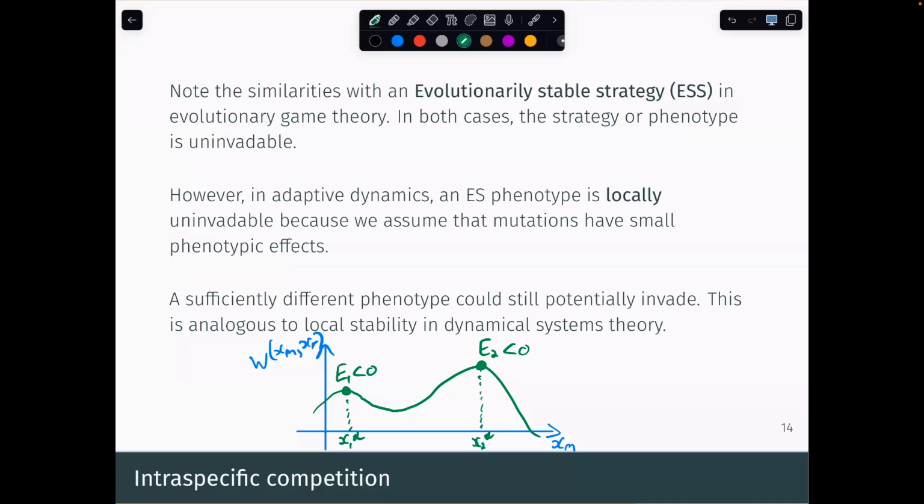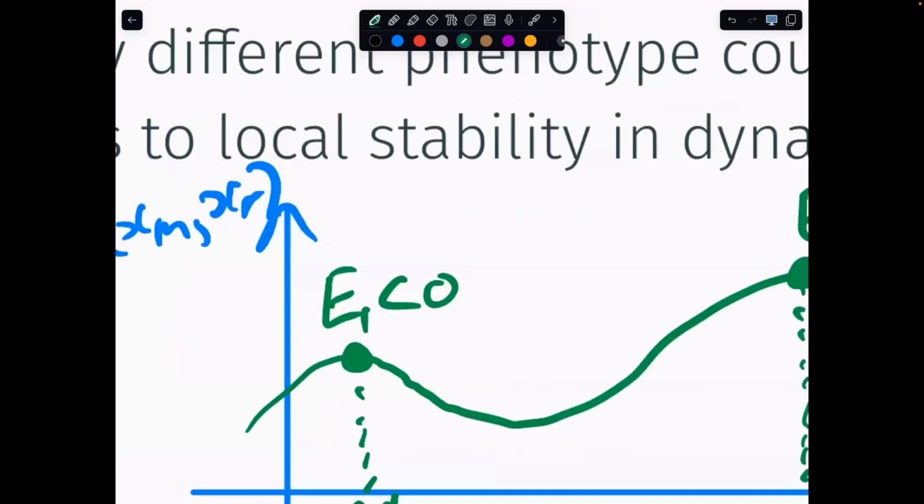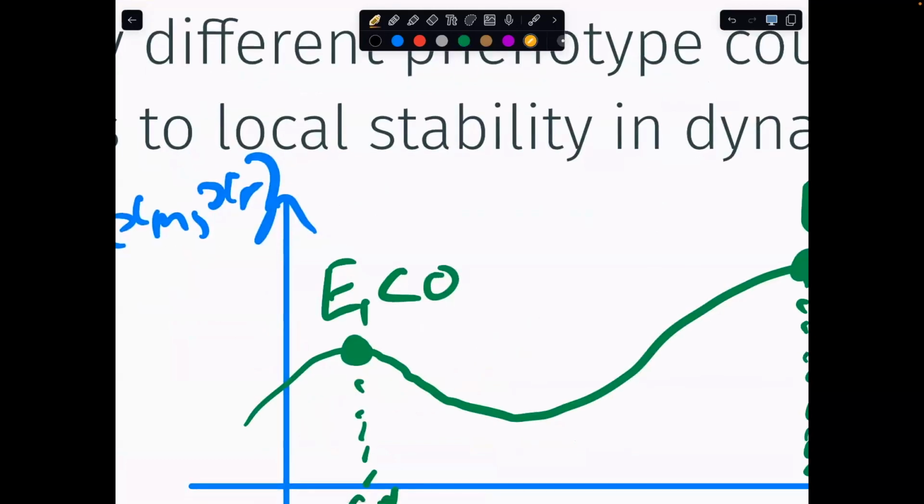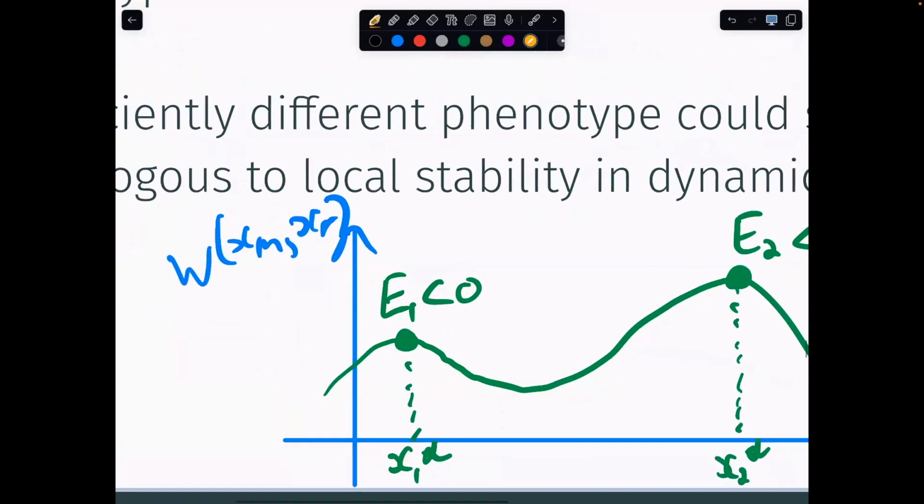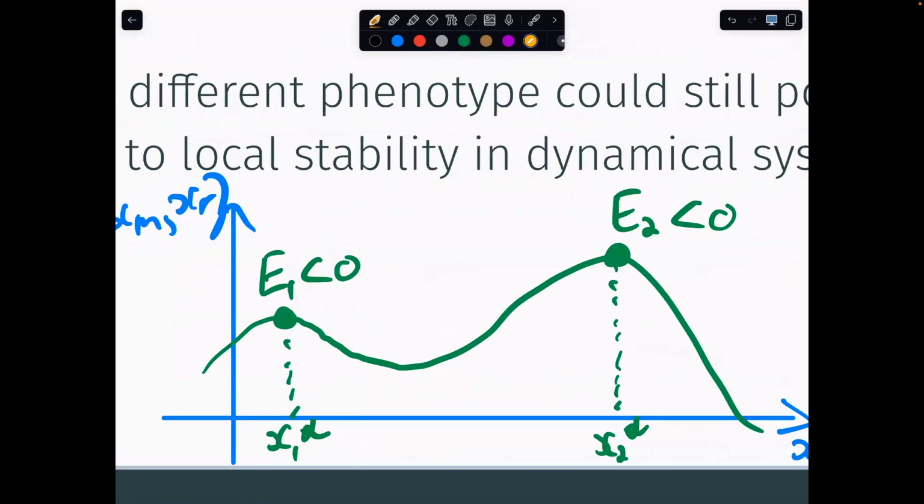We know that these are fitness maxima. We don't actually know if they're attracting. We know that these are fitness maxima, and so if you start there, you stay there. You can't increase your fitness by moving anywhere. Because we're assuming that mutations only have a local effect, even though this one on the right-hand side has a higher fitness, if you start here, you can only move a little bit left or right, which always decreases your fitness.